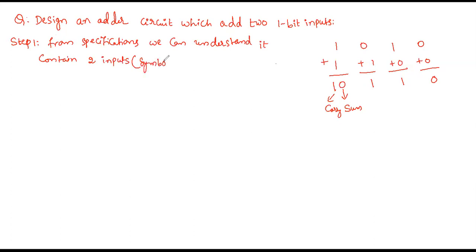The symbols I am taking are A comma B: one input having symbol A, one input having symbol B. And two outputs, with symbols S comma C. S is for sum, C is for carry.